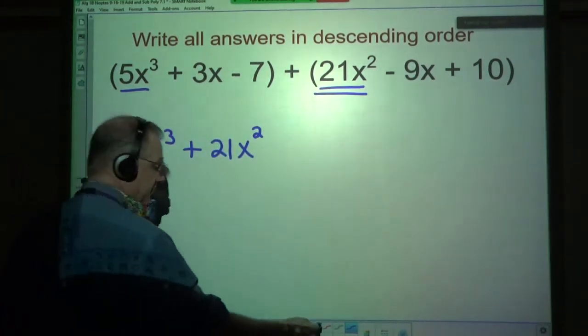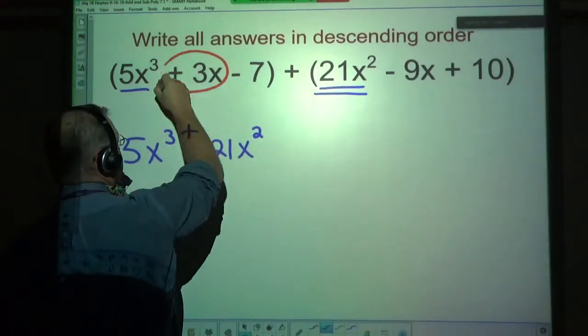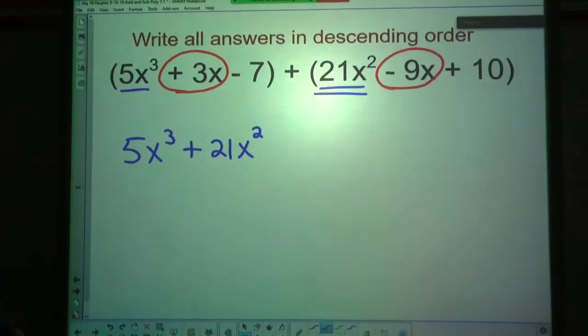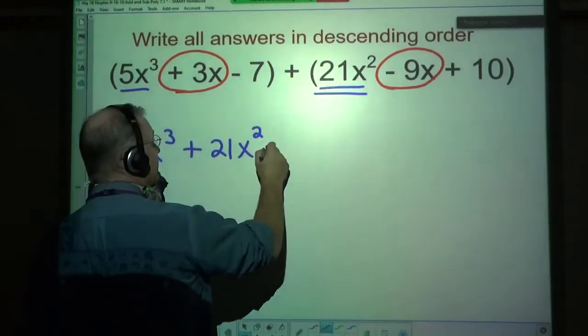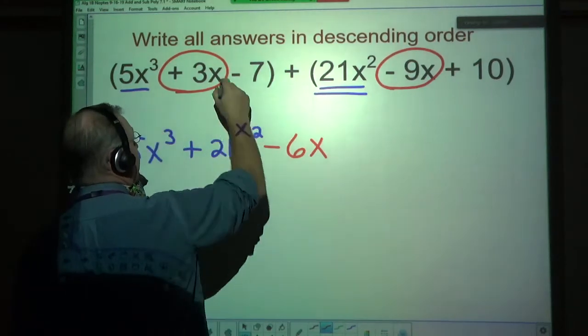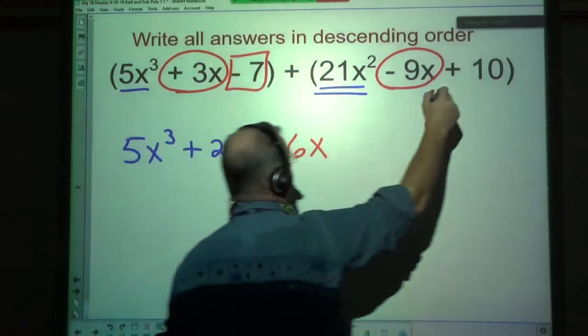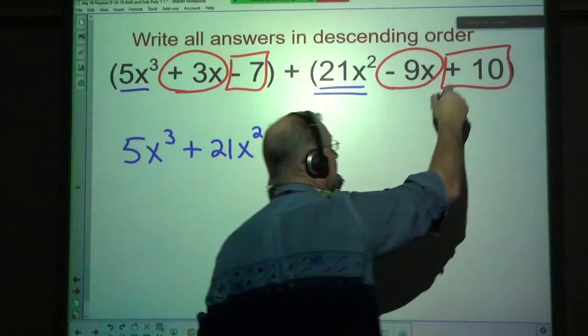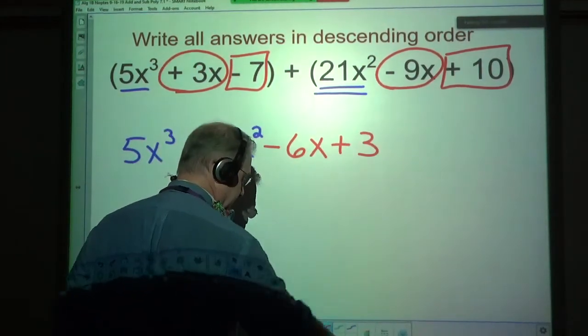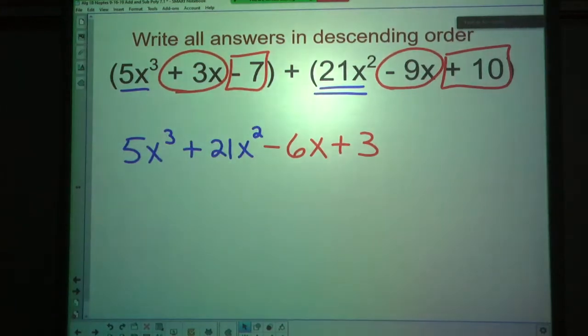Then I have a 3x and a negative 9x. When I combine those together, that makes negative 6x. And then I have a -7 constant term and a +10, and that adds up to a +3. And that is the entire descending order and adding polynomials.